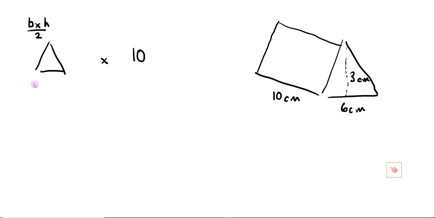So that's 6 times 3 divided by 2, which is 9. So we do 9 times 10 equals 90 centimetres cubed. Any questions about that?